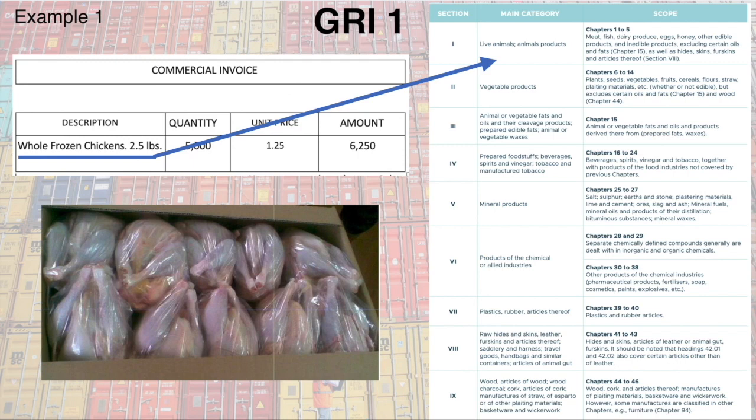But let's remember that we can use, although only for reference, the text of the sections, chapters or the index. So for reference, section 1 mentions animal products. This places us in chapters 1 to 5, as you see on the screen top right.